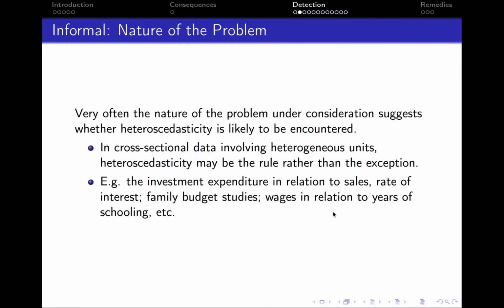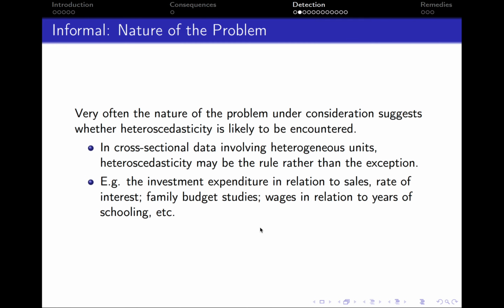For example, if you analyze such series as investment expenditure in relation to salary, rate of interest, family budget, wages in relation to years of school, be aware that heteroscedasticity might be present there.